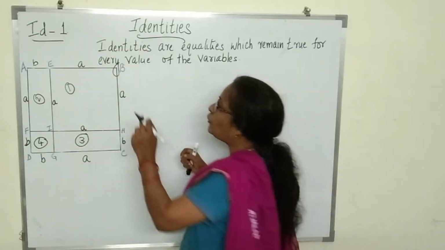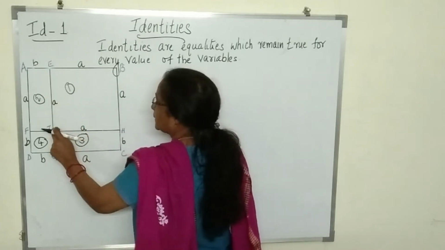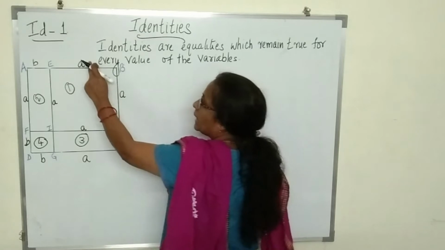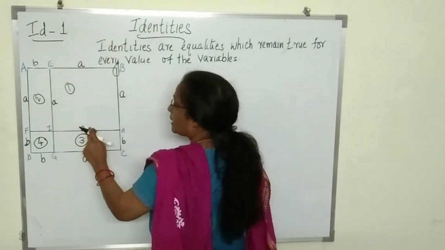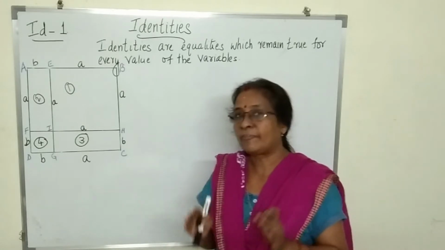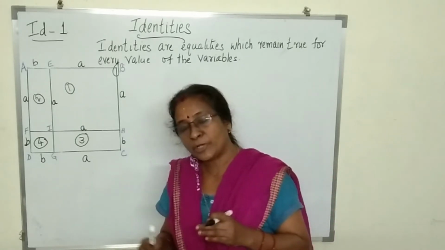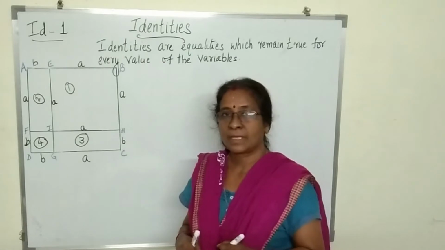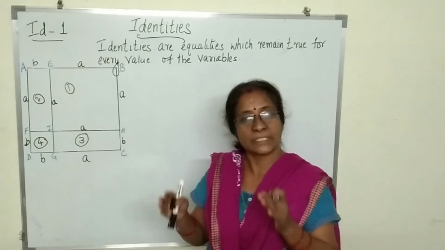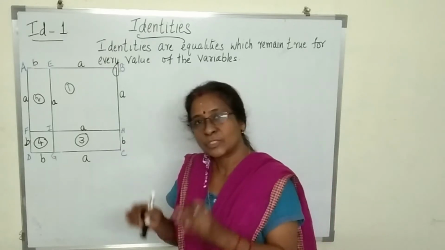Now if you look at this square, what is the side of the square? A. That means there was a square of side A and we are going to increase its side, but we are not going to change the shape of the figure. The shape should remain a square.